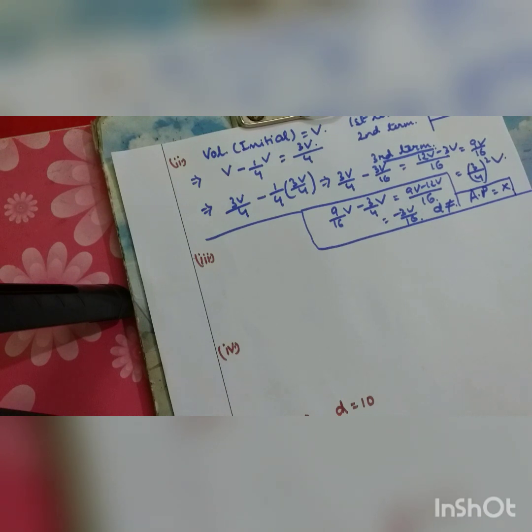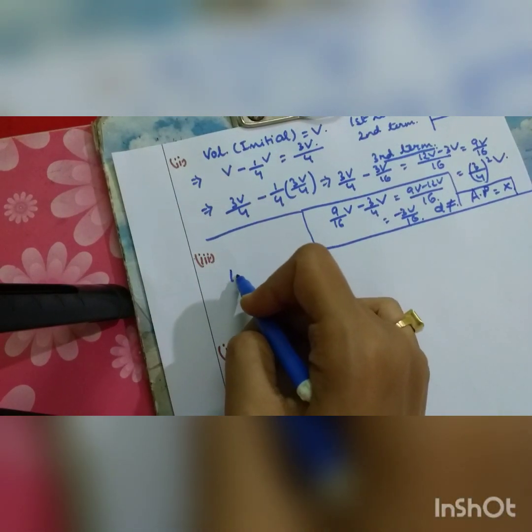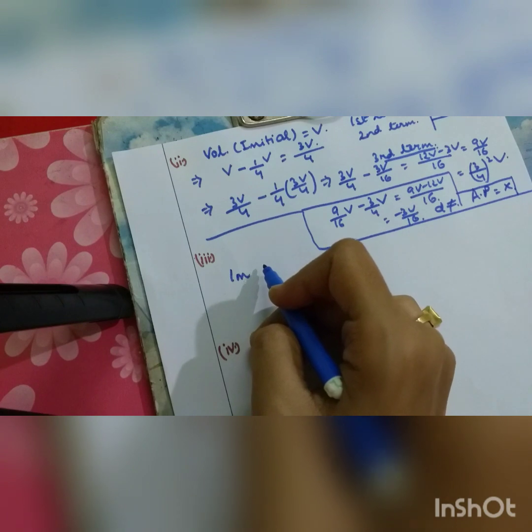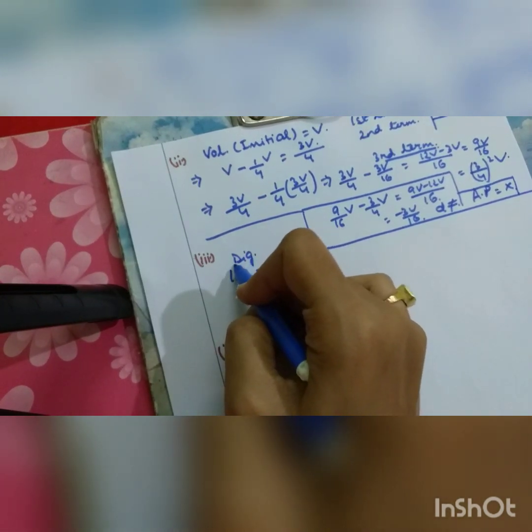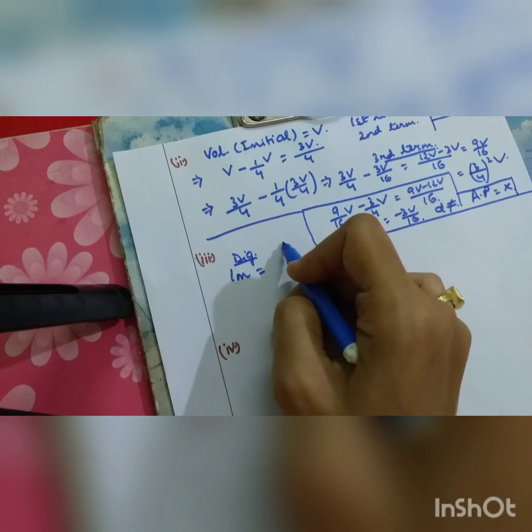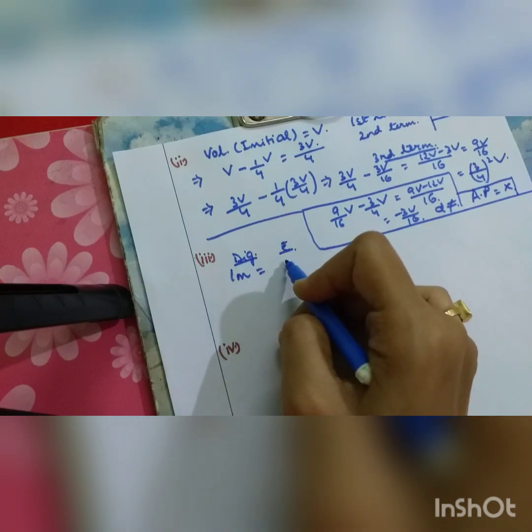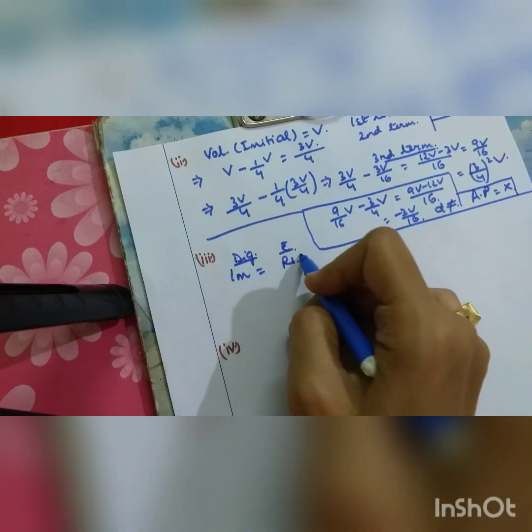The question is saying that the cost of digging a well is rupees 150 for the first meter and rises by rupees 50 for each subsequent meter. Suppose you are digging a ground. For 1 meter dig, it is charging you rupees 150.